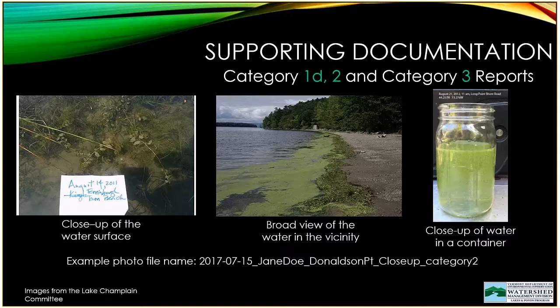This allows us to see better what you're seeing, again, right at the water's edge. We also want to have this broad view, as you see in the middle photograph, to tell us what it looks like down the beach and out further into the water. The difference between a category 2 and 3 often depends on how much of the area is affected. And so that middle photo helps us interpret that.